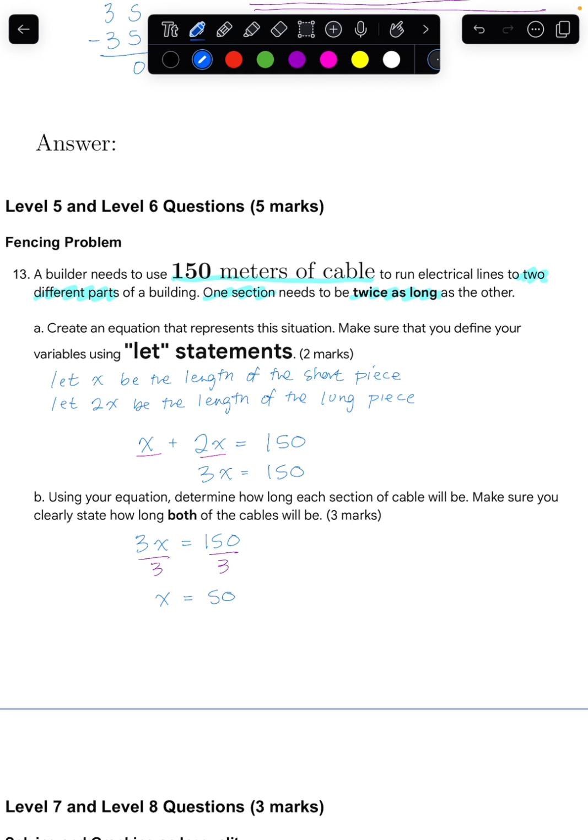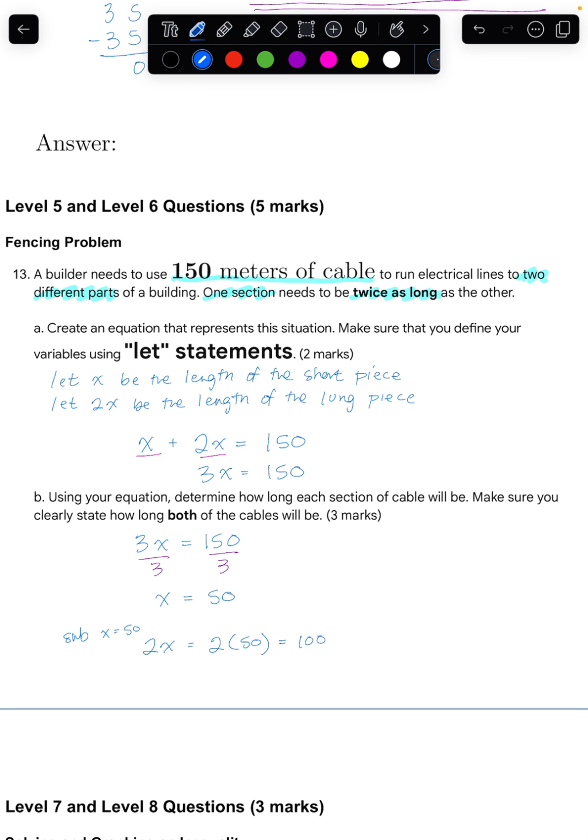So that's one. So the other, if the short piece is 50, the long piece is 2x. So we will substitute x is equal to 50 into our equation, and we get 2 times 50 is equal to 100.